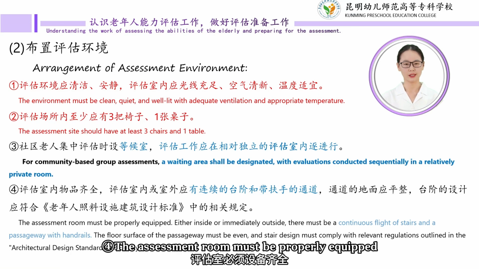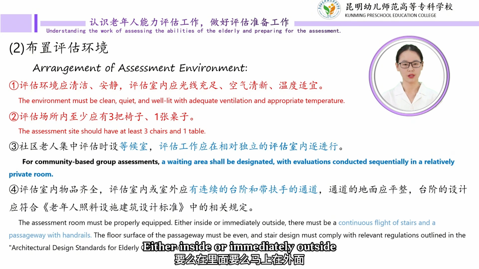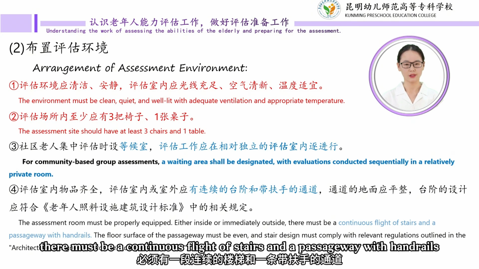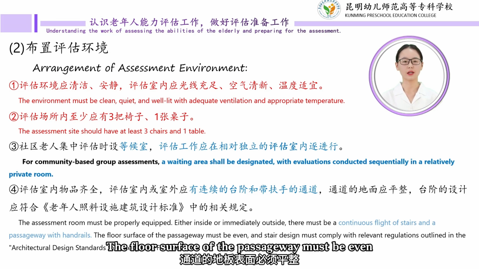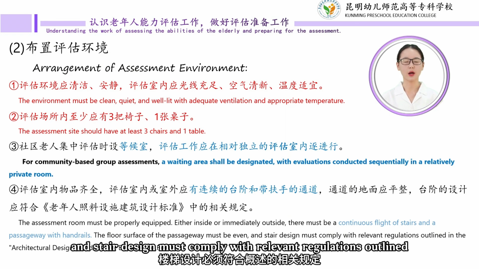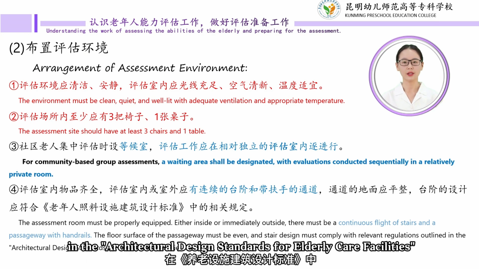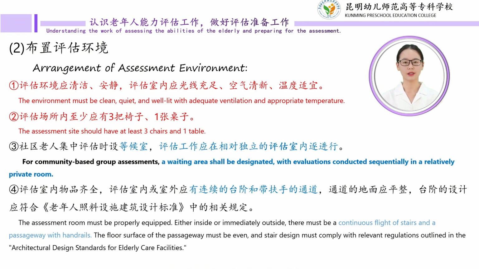Fourth, the assessment room must be properly equipped. Either inside or immediately outside, there must be a continuous flight of stairs and a passageway with handrails. The floor surface of the passageway must be even, and stair design must comply with relevant regulations outlined in the Architectural Design Standards for Elderly Care Facilities.